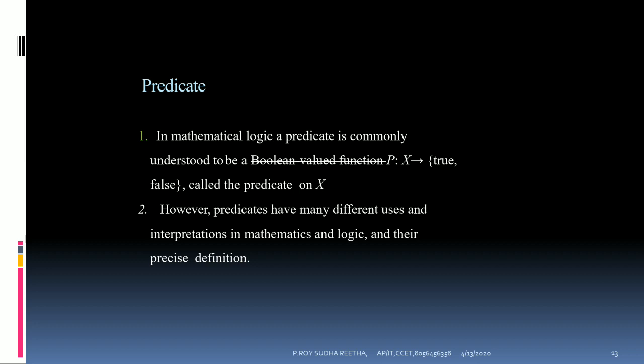What is meant by a predicate? A predicate is nothing but a Boolean valued function. Predicates are basically represented using P. P of X is true or false, where P is the predicate and X are the terms which can be true or false. And here it is an interpretation in mathematics and logic and their precise definition.